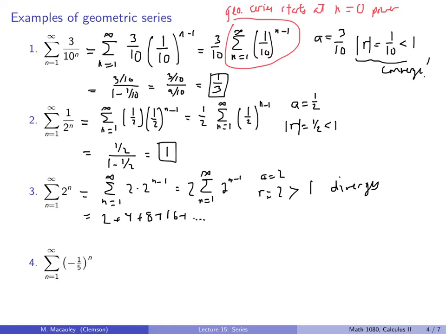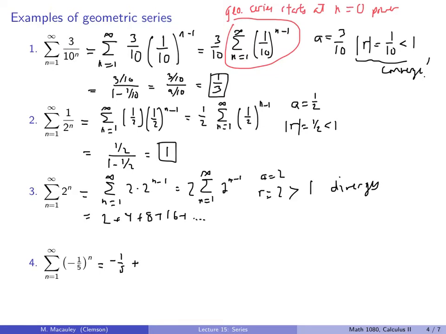Okay, this last one. So here's one where r is negative. So let's actually write out what this thing looks like. This is n equals 1, that would be negative 1/5.